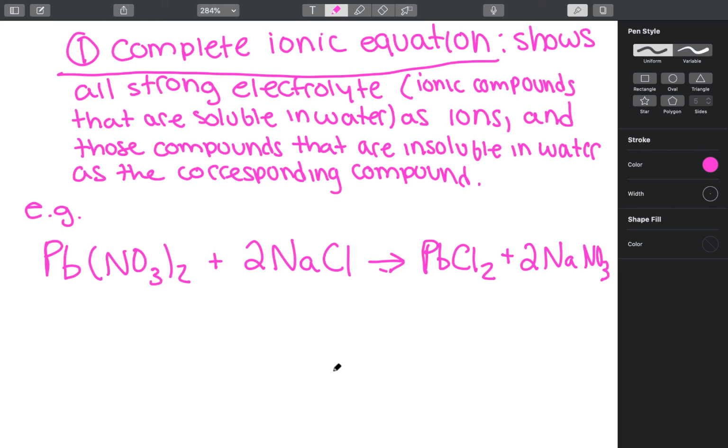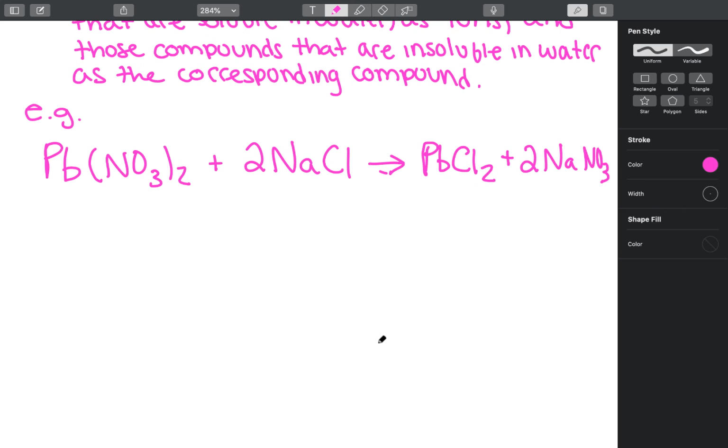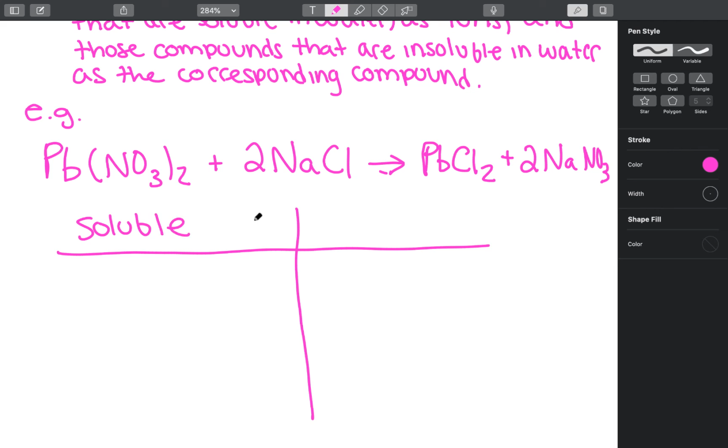So hopefully you did that, and let's write a little chart writing which compounds are soluble and which are not. So soluble and then insoluble. So the first soluble compound is lead nitrate. And that's because all ionic compounds containing the nitrate anion are soluble in water.